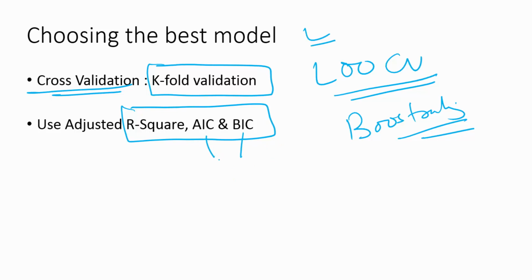You can use confusion matrix in the case of classification, accuracy, concordance, and so on. So there are several of them depending on the problem that you are working on, the industry that you're working with. You have several different metrics to choose from.